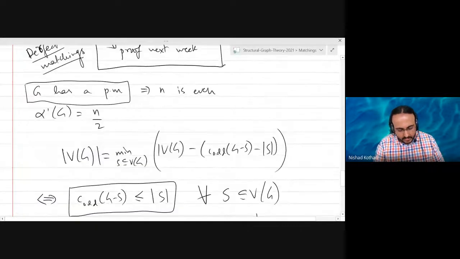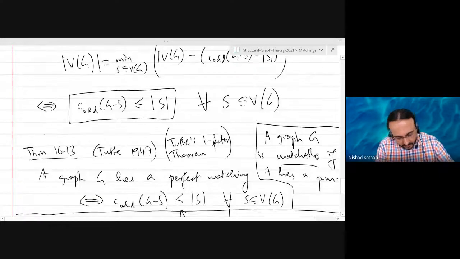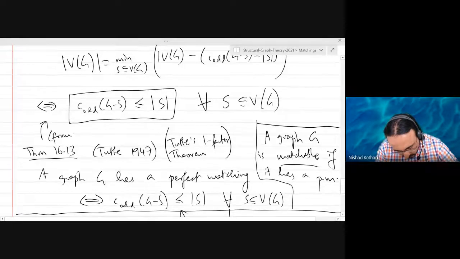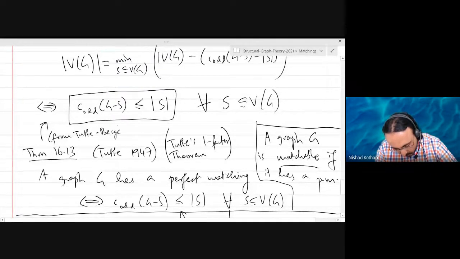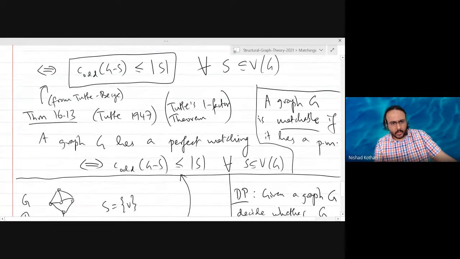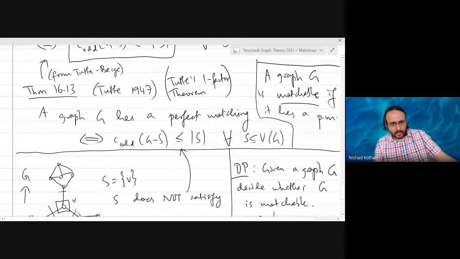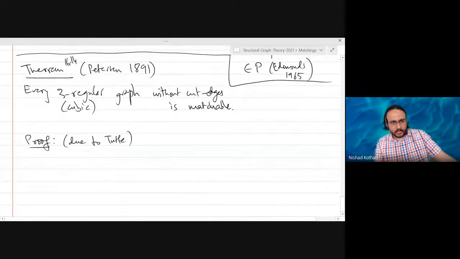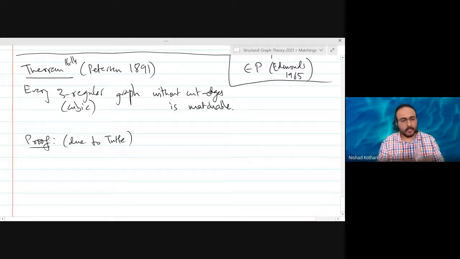We did the derivation here. But since it requires a longer discussion, I don't want to go into proving the Tutte-Berge theorem today. Instead, I want to look at this consequence of Petersen's theorem and then start the Tutte-Berge theorem proof next week.